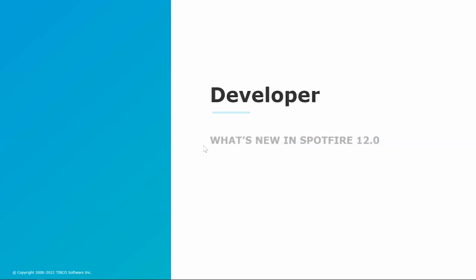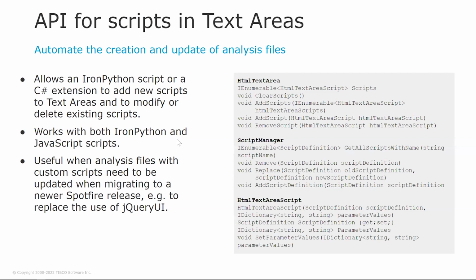In the developer area, we have a new API for scripts in text areas. So you can have an IronPython script or a C# extension that adds new scripts to a text area, and you can modify or delete existing scripts. Those scripts can be both IronPython or JavaScript.